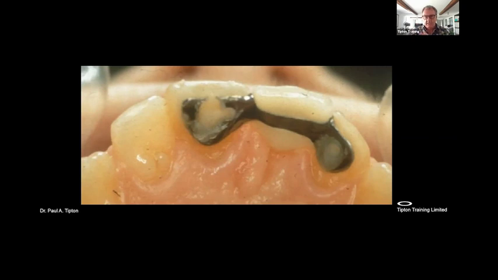What we need to be discussing with our patient and in our own mind thinking about is three aspects. When we're designing a bridge and deciding what type of bridge we're going to do for somebody, it's really important you think about three criteria, the three main criteria for success in restorative dentistry. And you know, I talk about this word predictable all the time, and this is again predictability.